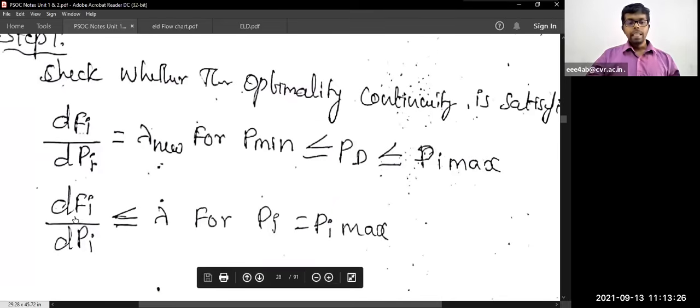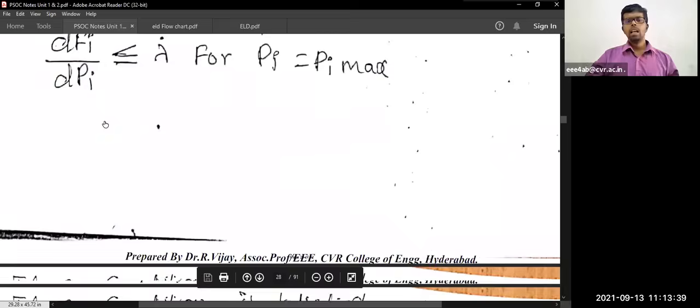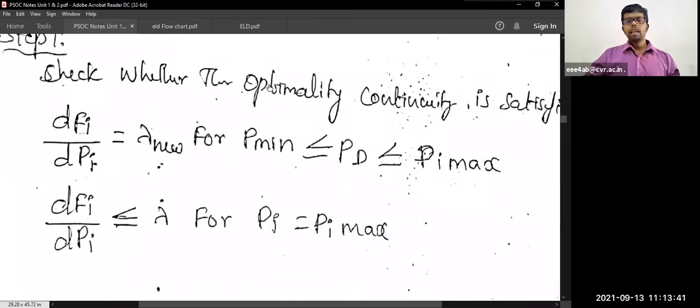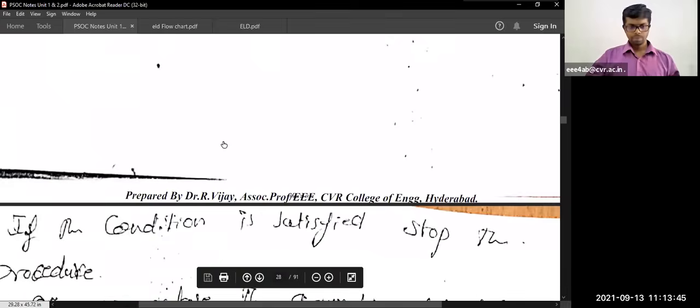And dFi divided by dPi is less than or equal to lambda for PGi equal to PGi maximum. This optimality condition we have already seen, it is not new to us. Like this we have to check the optimality condition.